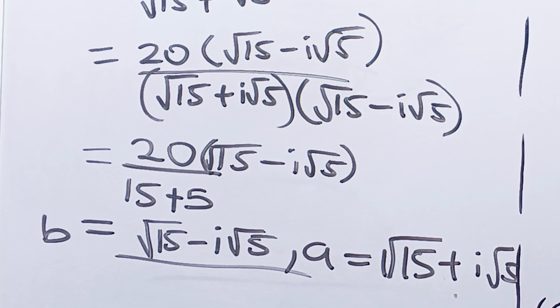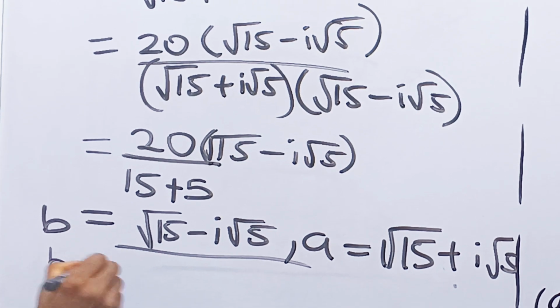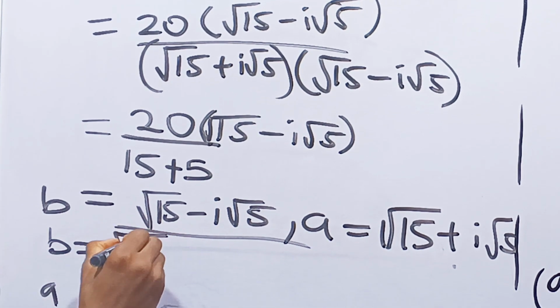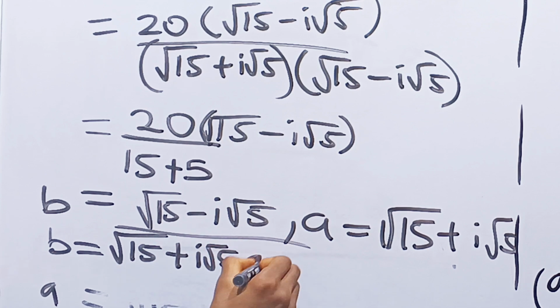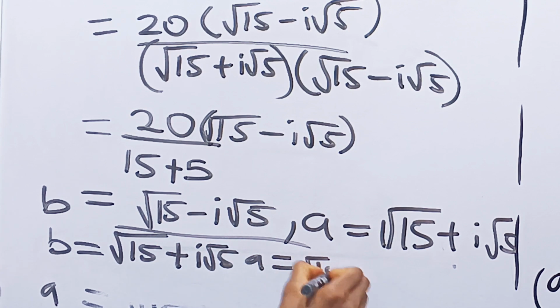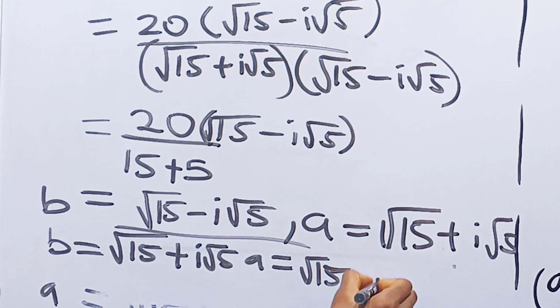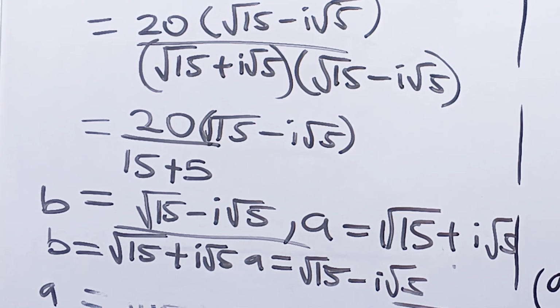Hence, invariably, when we have that b is equal to root 15 plus i root 5, a will be equal to root 15 minus i root 5. So these are the two answers to this question.